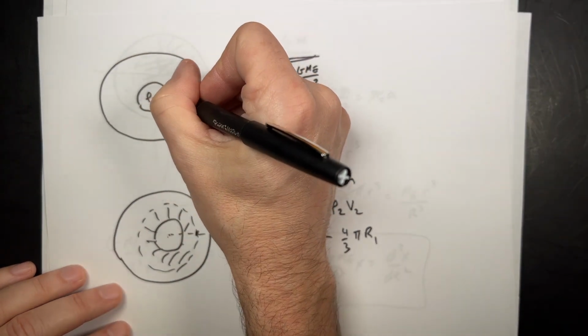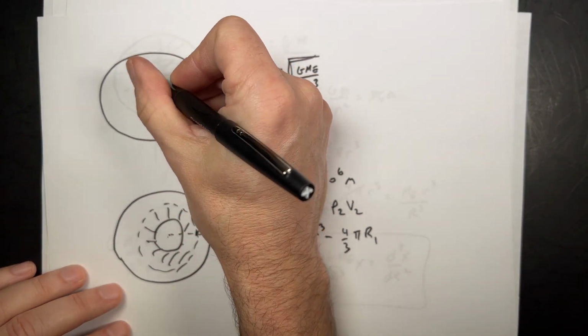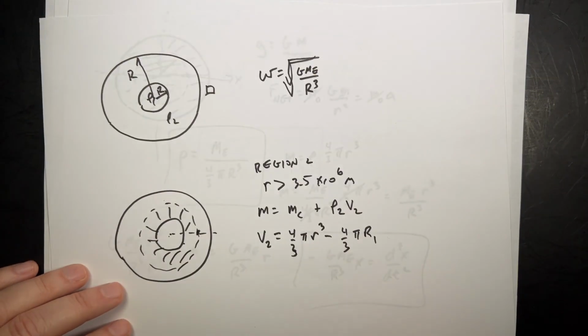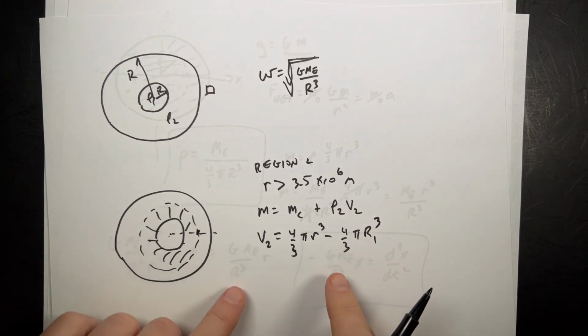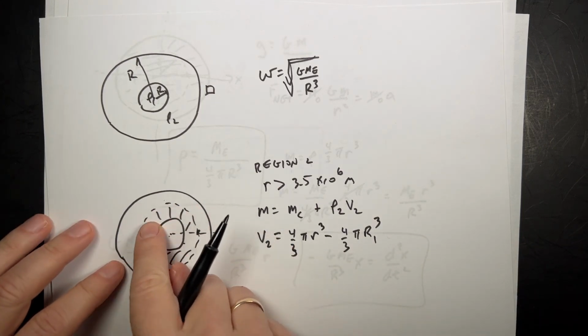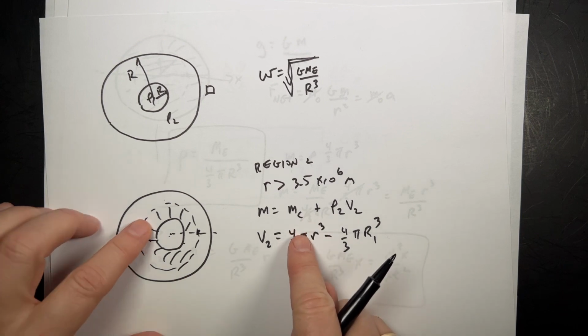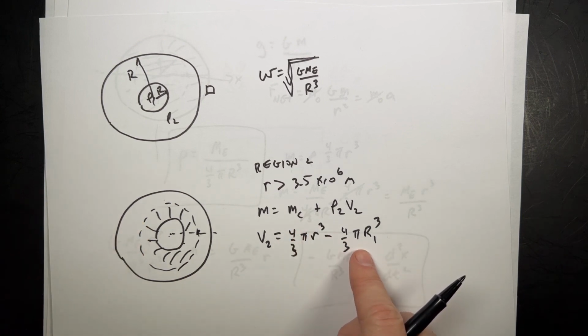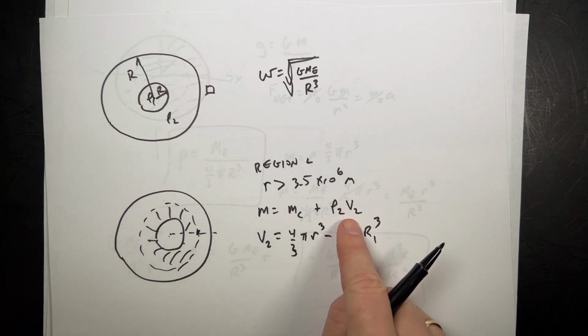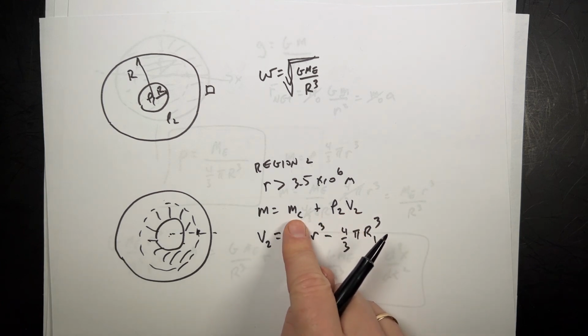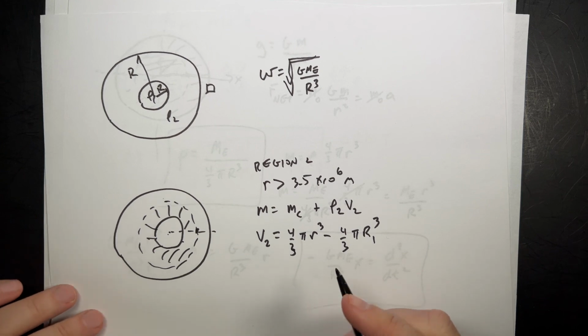Let's say this is r1, and this is r2, the radius of the Earth. So what I'm doing is finding the volume of this piece of a sphere. I'm taking the volume of the whole thing and subtracting out the volume of the core. That times the density right here, plus the mass of the core, will give me the total mass.